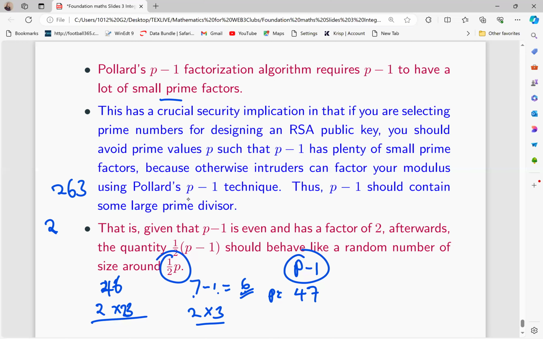A half of this number should be factors which are almost a half of P, or even larger. That will make it hard for the factorization algorithms, because these algorithms are very fast when the factors are smaller.